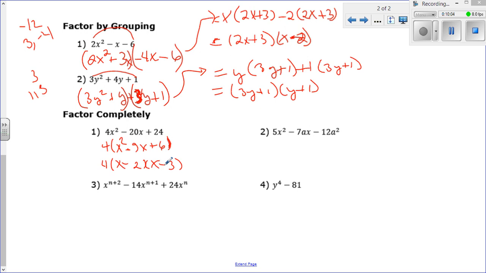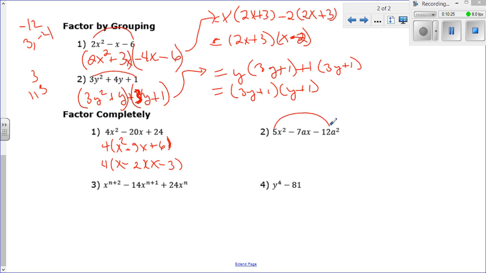For number 2, I need to look for a GCF first. I don't see a GCF. They don't have anything in common. So it looks like this is going to be a factor by grouping problem.